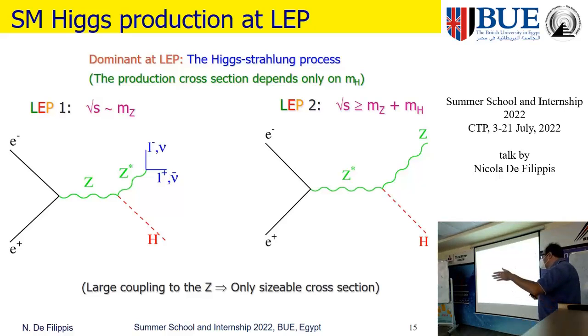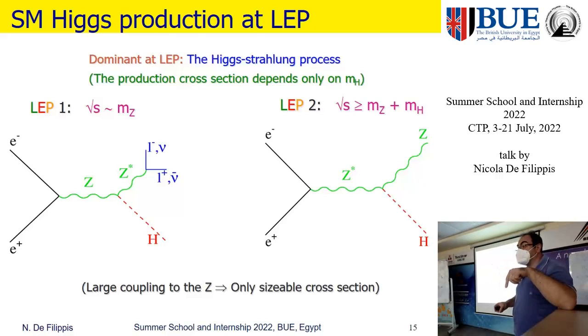So, the path to the discovery of the Higgs boson was quite long. Think about, for example, the LEP electron-positron collider, which was the accelerator that was then replaced by the LHC. So in the tunnel of the LHC before, there was an electron-positron collider, not a proton-proton collider.